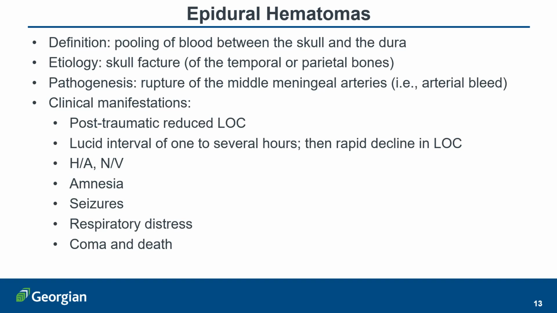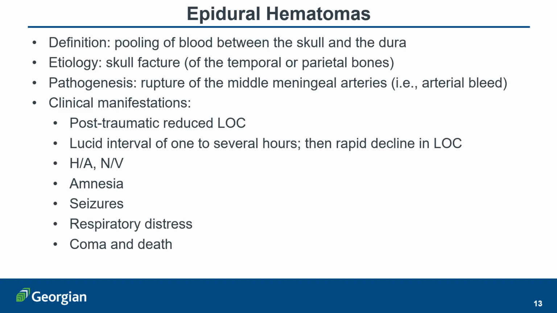So what we're really referring to here is that the initial reduction in the level of consciousness is due to the blow, say from a baseball bat or whatever the case might be, and then you recover, but now you have this arterial bleed, and the arterial bleed is going to cause ultimately a decrease in the level of consciousness due to an increase in the ICP.